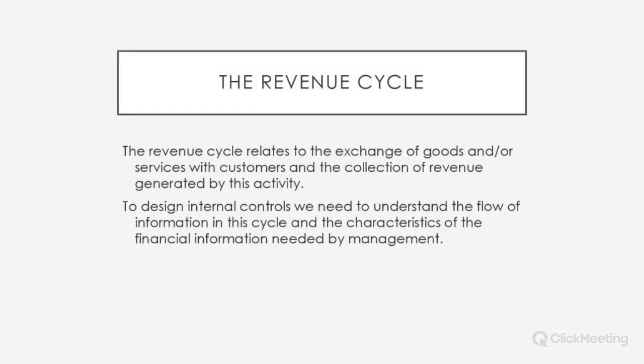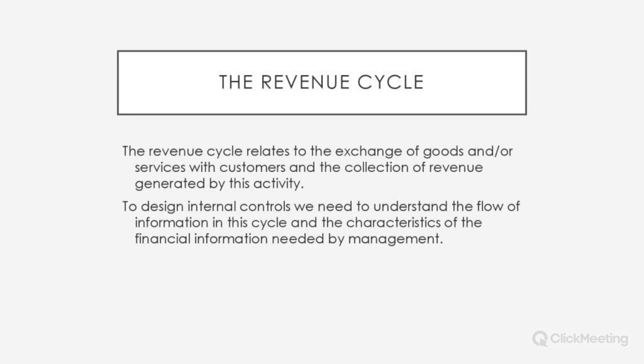So to begin with, let's have a look at the revenue cycle. What is the revenue cycle? The revenue cycle relates to the exchange of goods or services with customers and collection of revenue generated by this activity, which is pretty simple, and I'm sure you would be aware of this definition. Now, to design internal controls, we need to understand the flow of information in the cycle and the characteristics of the financial information needed by management.